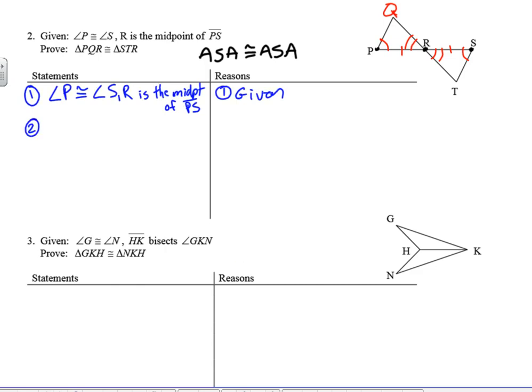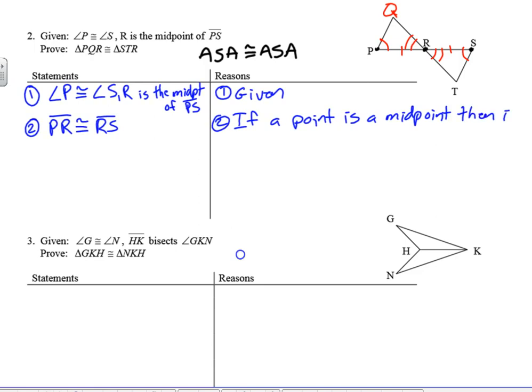All right, so let's get the side then. We're going to say PR is congruent to RS, and that's from the definition of a midpoint. If a point is a midpoint, then it divides a segment into two congruent segments.